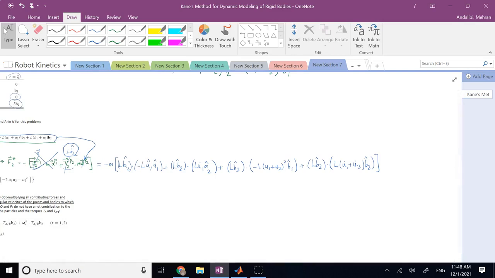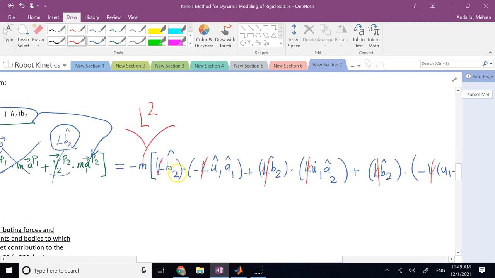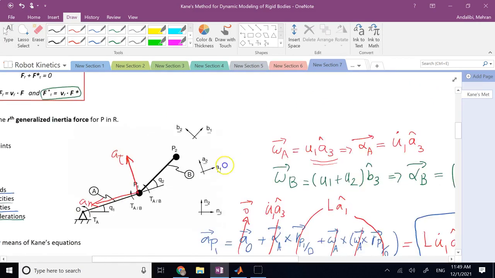Now, if you look, all of the terms have L squared in them. There is L and L, there is L, L, L, L, L, and L. So if you want, I can bring that L squared out here and get rid of all of those L's. So now what I need to focus on is B2 dot A1, and there is a negative here. So what's the result? It's negative of B2 and A1. So what is B2 and A1 dot product?